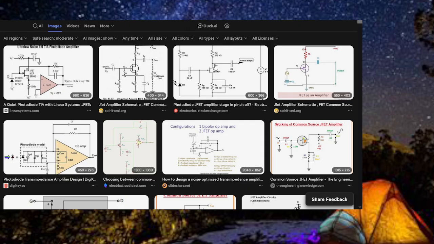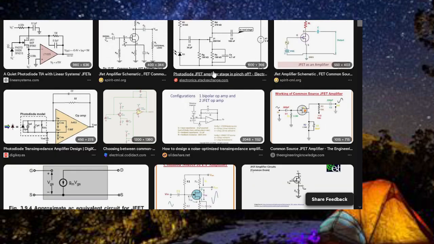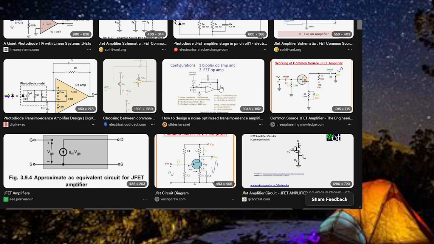There's one there. I'd like to see the 2819 get used, but that's not negative bias. Working common source JFET amplifier.